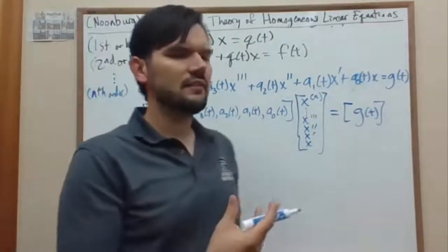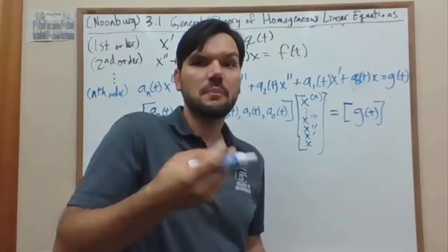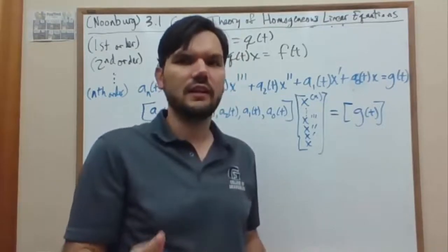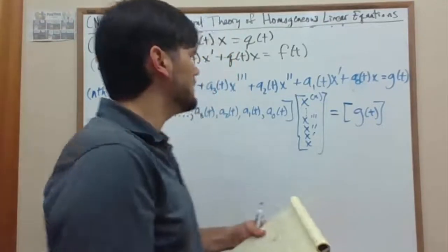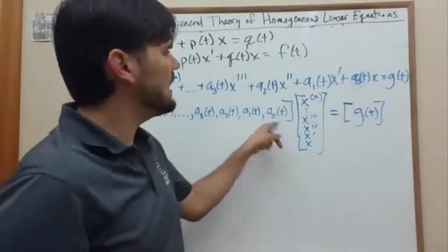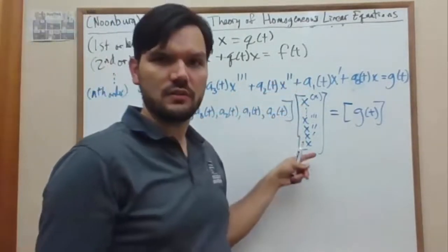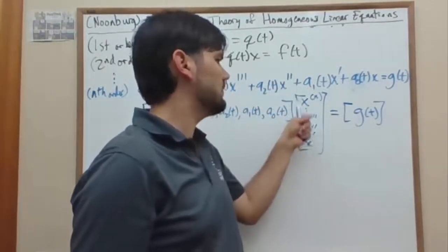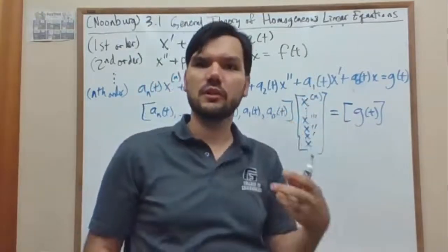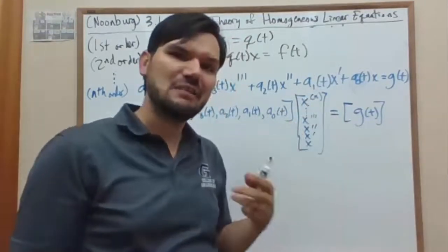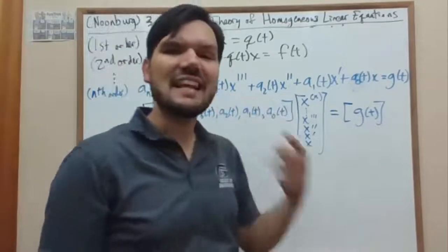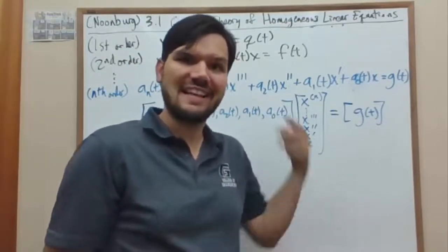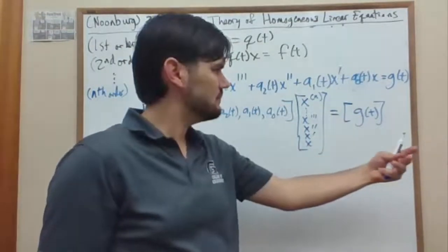So that's kind of the linear algebra perspective. You can think of it kind of like a dot product of two vectors. The vectors of the coefficient functions and the vector of the unknowns. The function, derivative, second derivative, third derivative, all the way up. Those are all the unknown components. And that's why we think of this as a standard form, because we're really thinking of it as ax equals b, right?